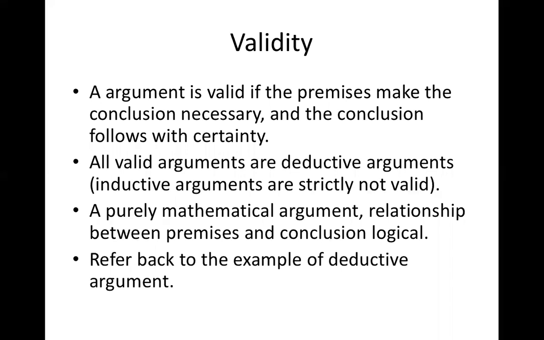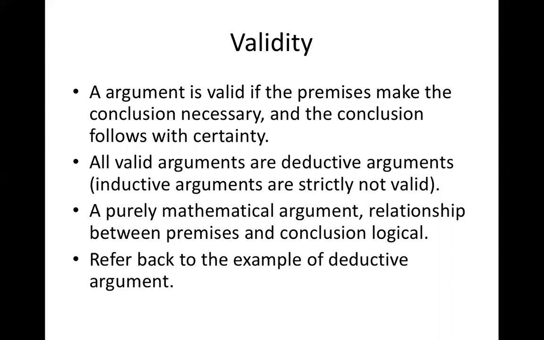So once you have performed the mathematical operation, you've gotten the terms that will form the conclusion, and you've arranged the terms to make the conclusion, and the mathematical operation is complete, then it means you have constructed a valid argument.